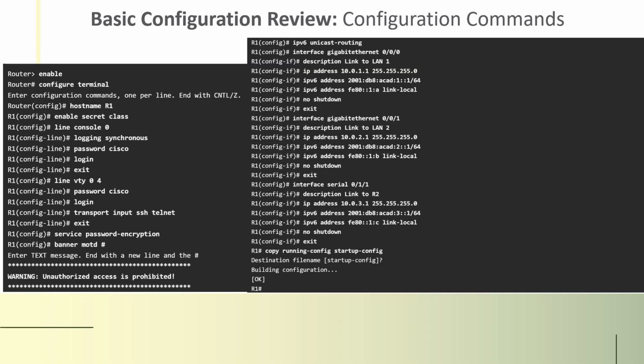We will configure both IPv4 and IPv6 networks, and in each interface we will activate the interface with no shutdown. So we will configure the interface 0/0 that connects LAN 1, 0/1 connects LAN 2, interface serial 0/1/1 is linked to Router 2.